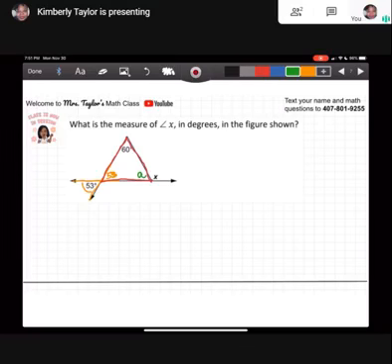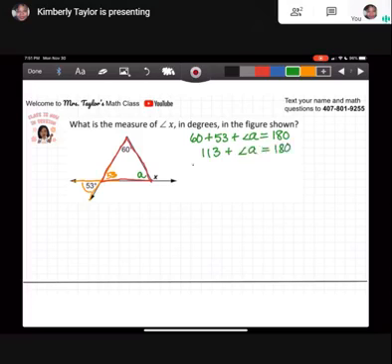So what you know is that 60 plus 53 plus angle A is going to get you 180 degrees. Okay? Add them together, you get 113 plus angle A is 180.